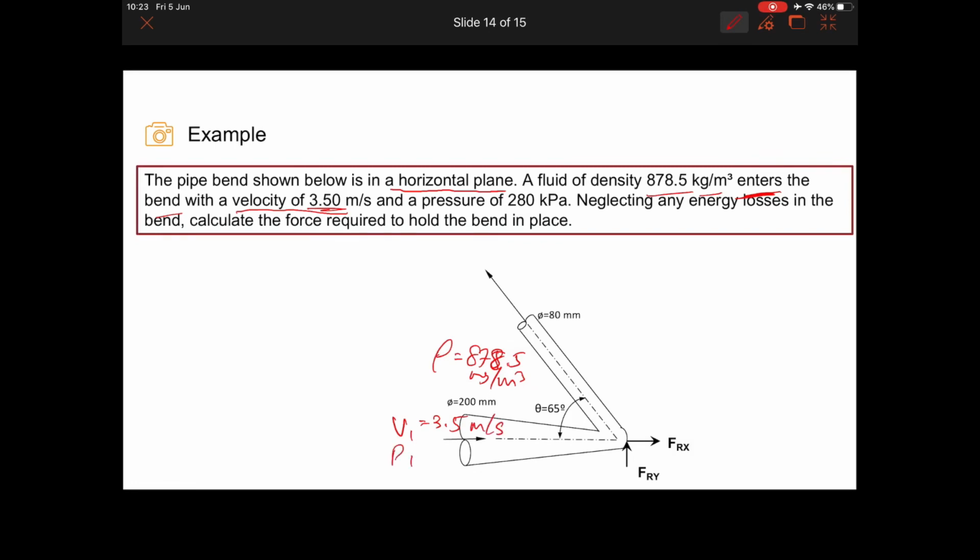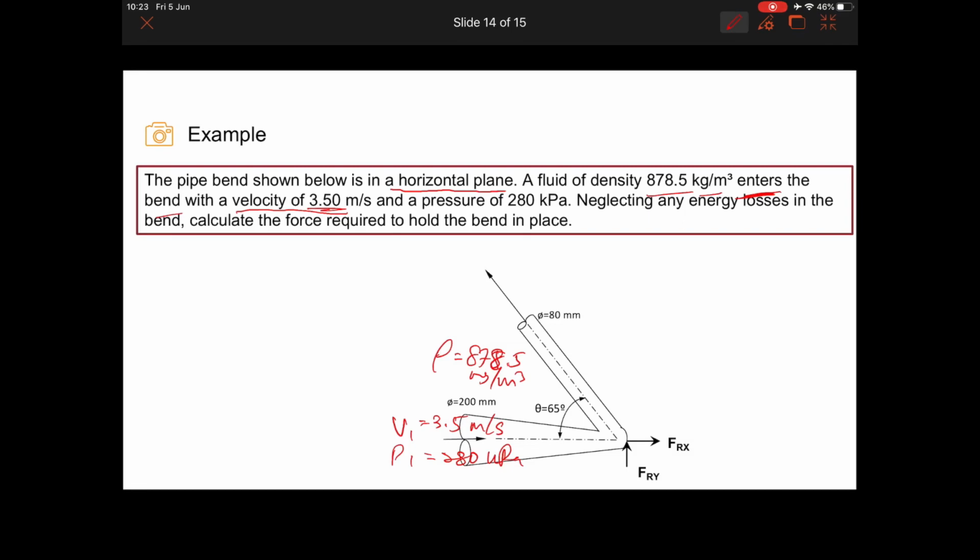Pressure at point 1 is also 280 kilopascal, given to us, both of them. Definitely you can calculate the area as well. Neglecting any energy losses in the bend, calculate the force required to hold the bend in place.